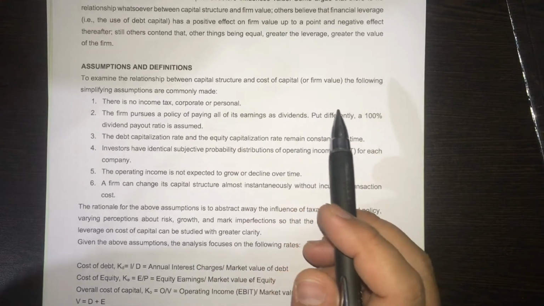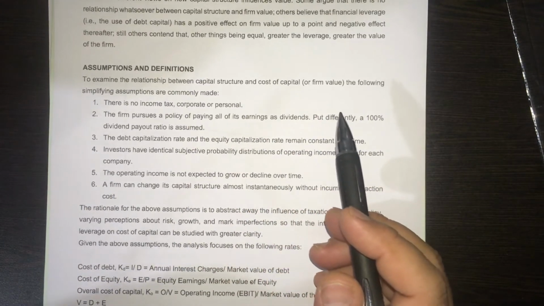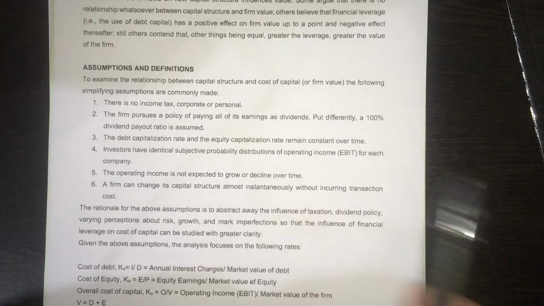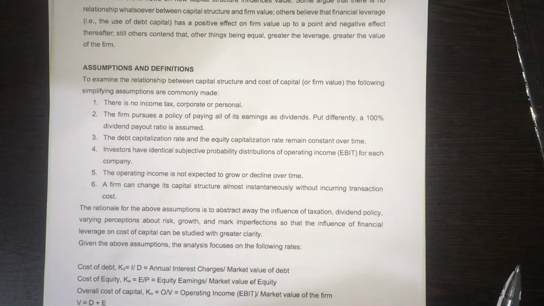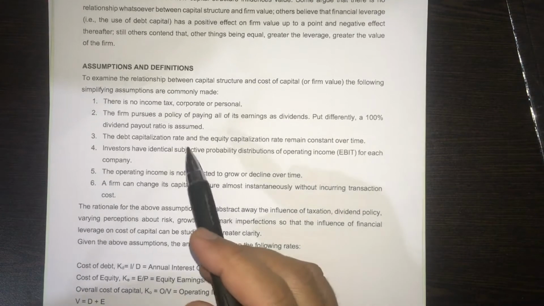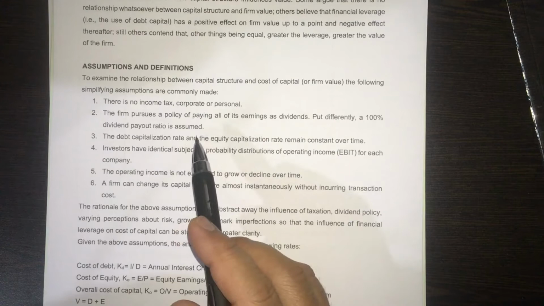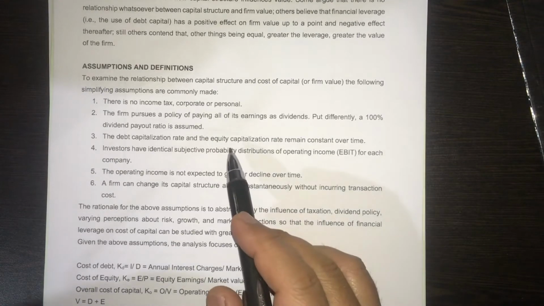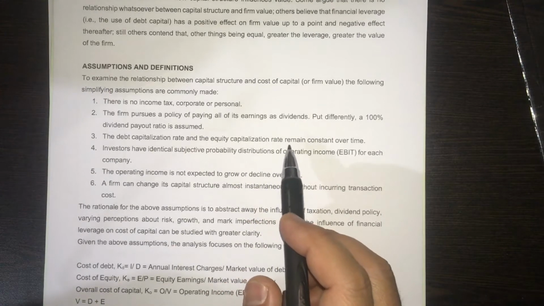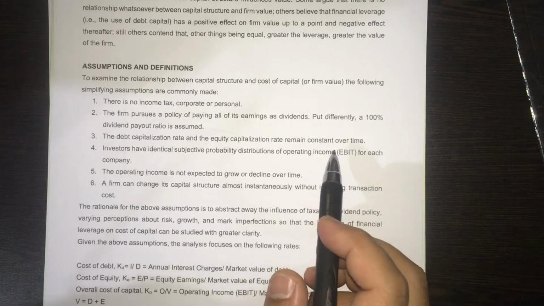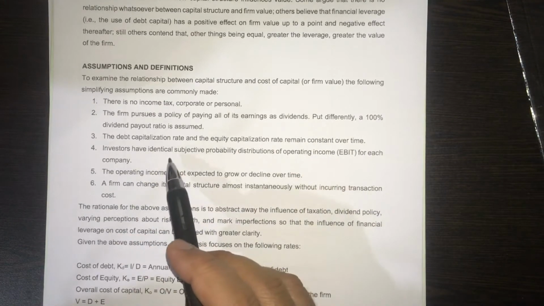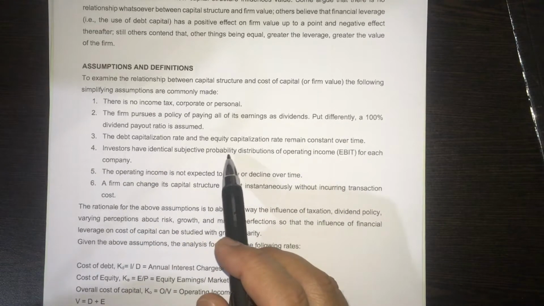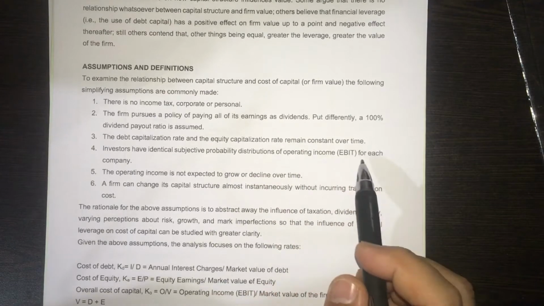In other words, the firm does not keep any retained earnings. 100% is paid off as a dividend. And another thing is that the debt capitalization rate or cost of debt, KD, and the equity capitalization rate or cost of equity, KE, will remain constant over time. Investors have identical subjective probability distributions of operating income for each company.